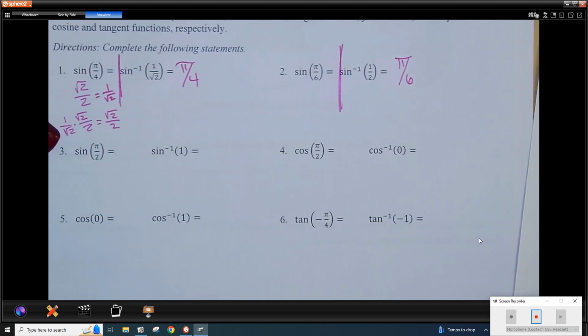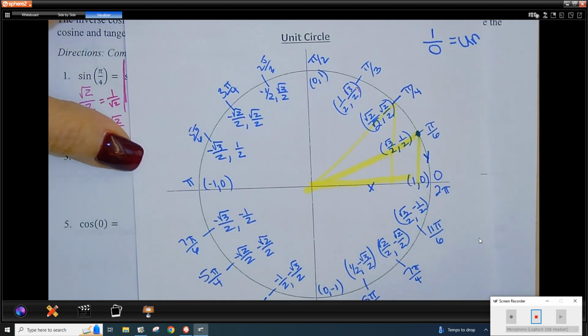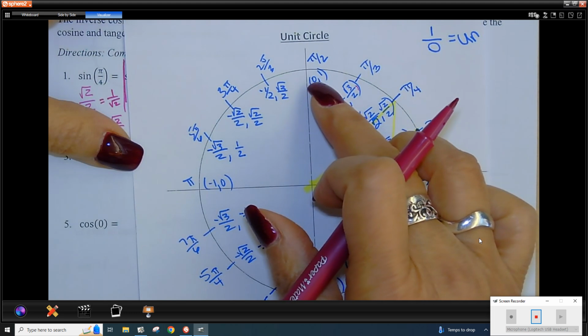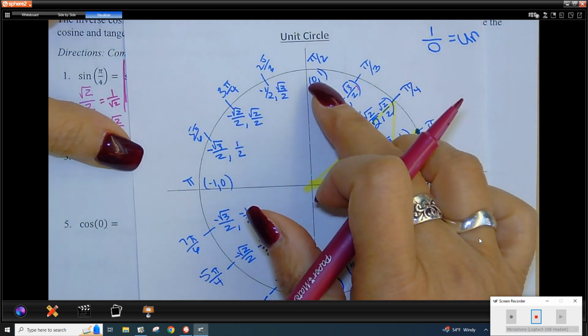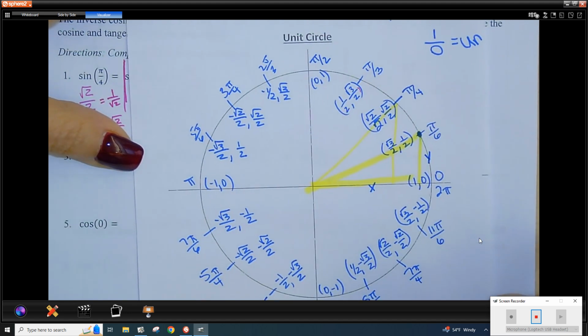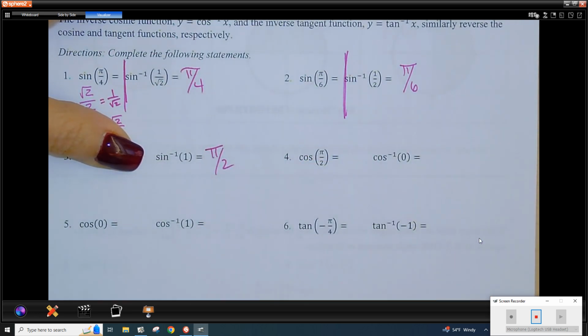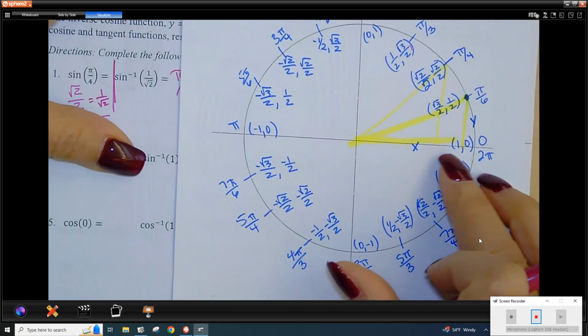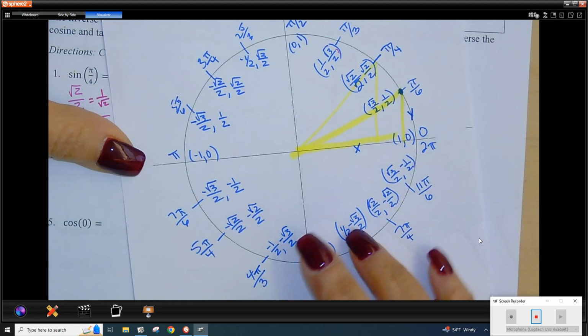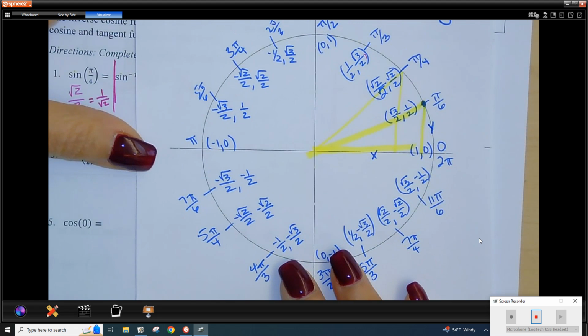Pi over 2. Where is sine equal to 1? Well, right there. That's the first one we run into. That's the only one, because over here is -1. So pi over 2 is the only answer for that one. Next, cosine, not cosine of 0, but what angle is the cosine equal to 0?